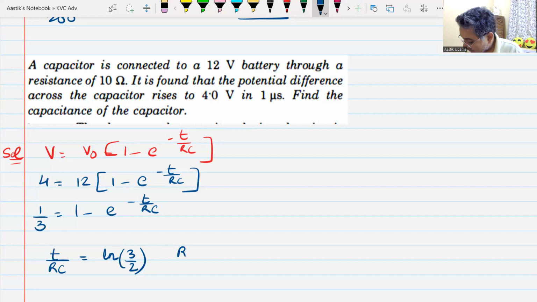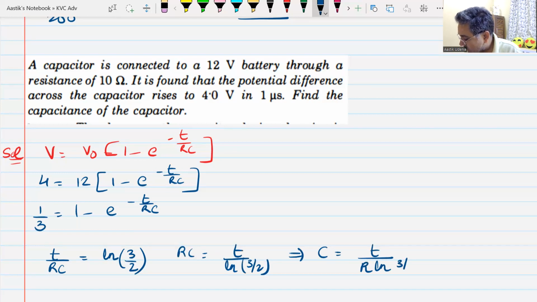So R into C will become t divided by ln of 3 by 2. That implies C becomes t divided by R ln 3 by 2. This was not the answer that you gave, isn't it? This is the answer. You have to find the capacitance, not anything else.